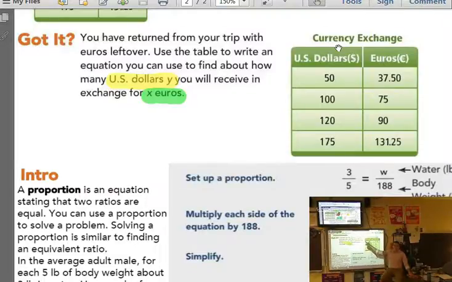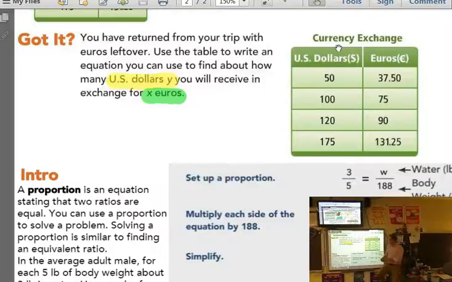Now you're coming back. Now you have a pocket full of euros, and you need to trade them back to the bank for dollars. So now the dollars that we get depend on what? Well, not only the exchange rate, but how many euros I have, right?